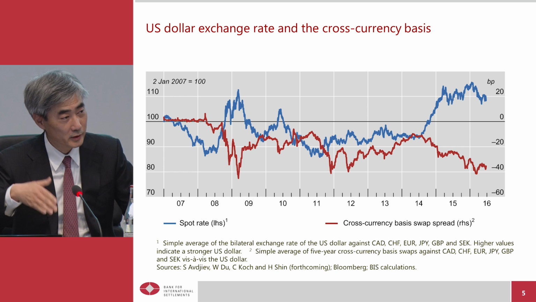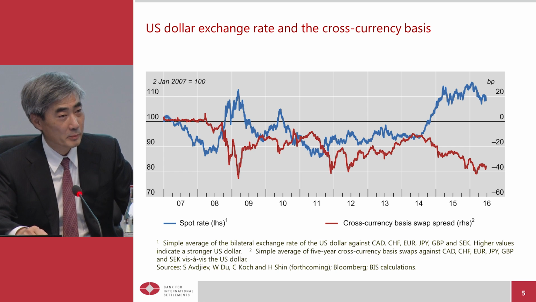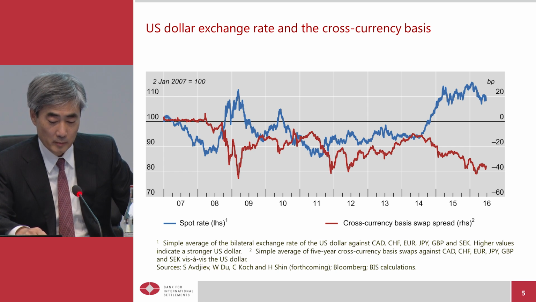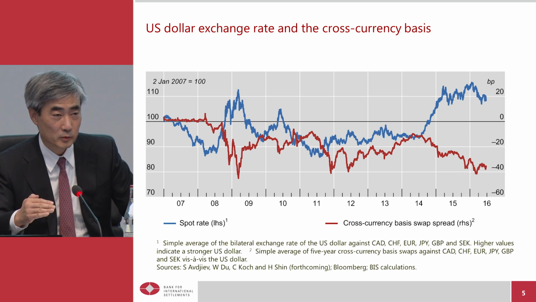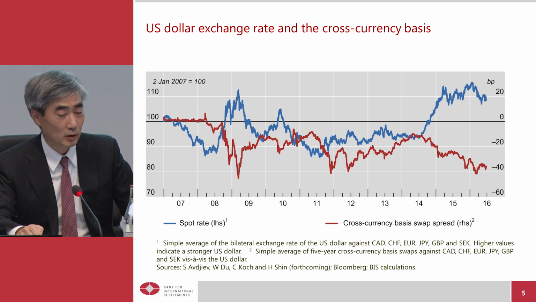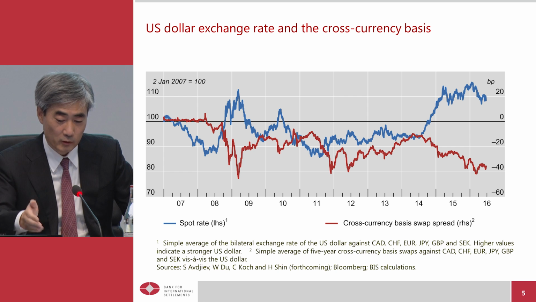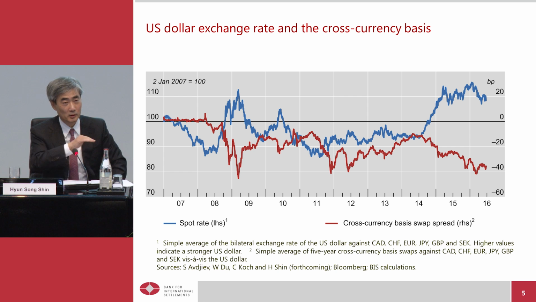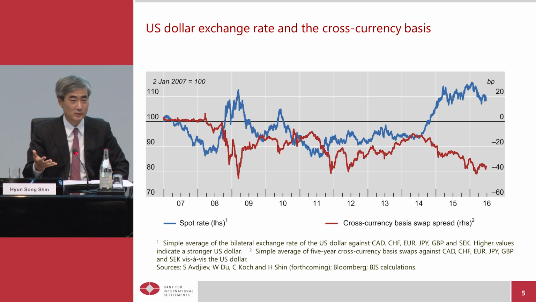And you see that these gaps fluctuate a lot. The red line is the cross-currency basis, which is the difference between US dollar LIBOR and the FX implied dollar interest rate. You see that before the crisis, the red line hugs the horizontal axis very closely. That's to say, there was no deviation from covered interest parity. But since the crisis, it's really diverged quite a lot.